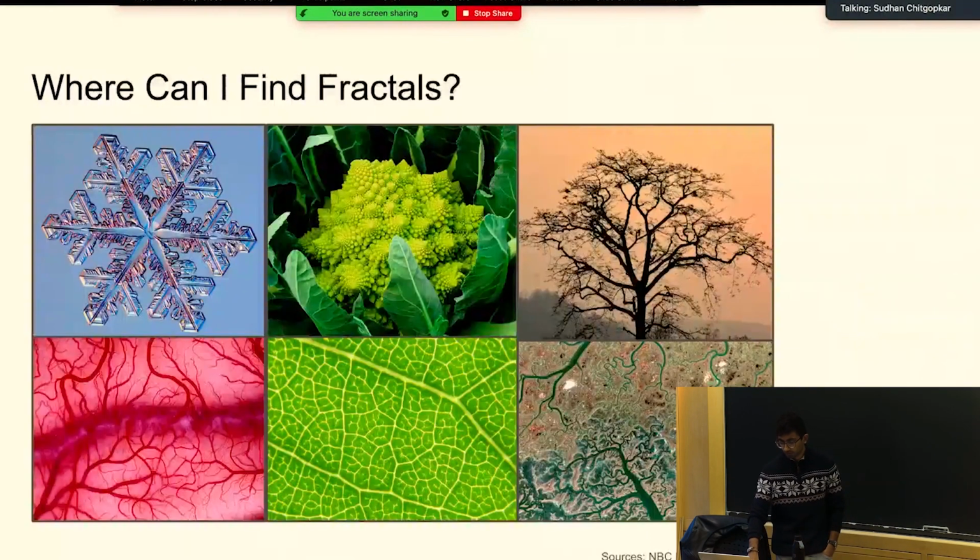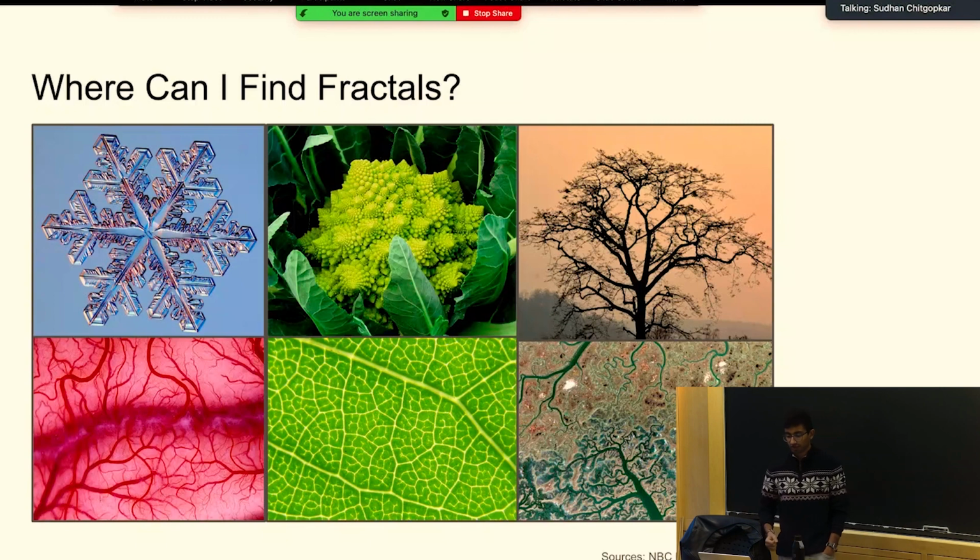Okay, so moving right along, where can you find fractals? You can find them in lots and lots of different places. A couple of my favorites, as I mentioned 2 lectures ago in lecture 1, is snowflakes, right? We see them here in Boston. I think there's still a little bit of snow if you look really hard someplace. You can also find them in your food.